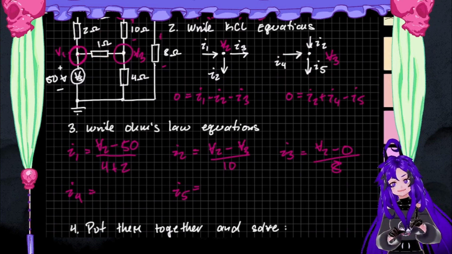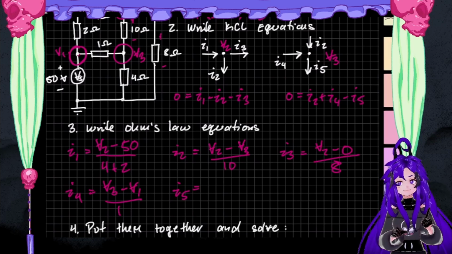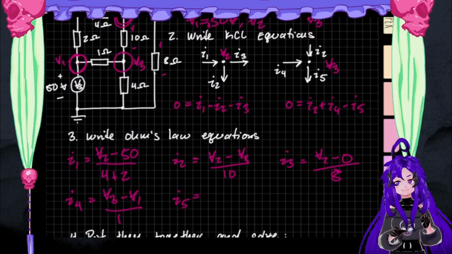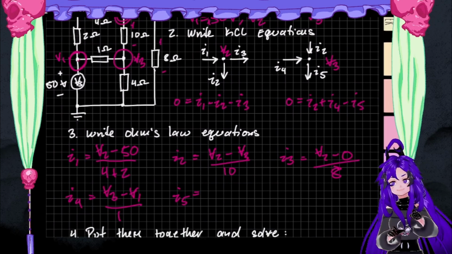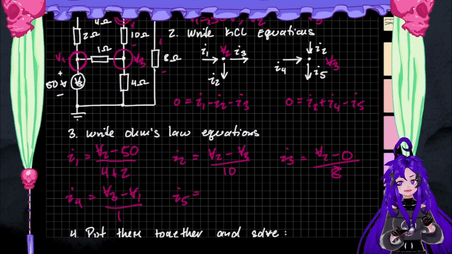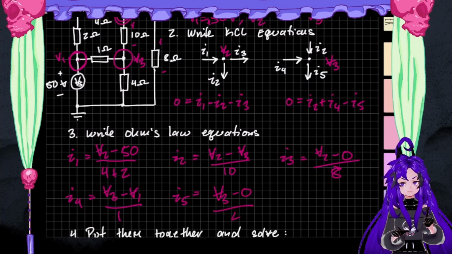So we're going to write that voltage drop as V3 minus V1 over 1. And then we're going to do V5, which is going to be V3 minus 0 over 4.